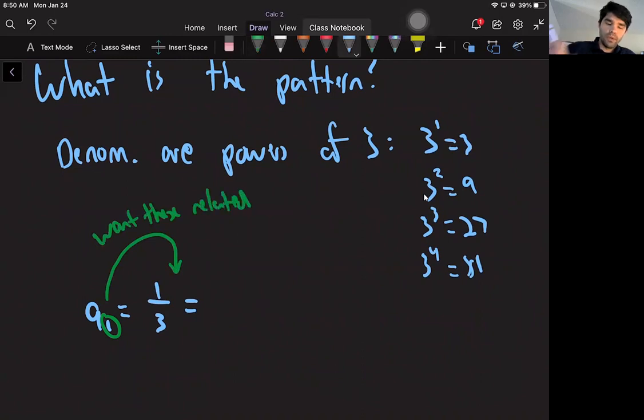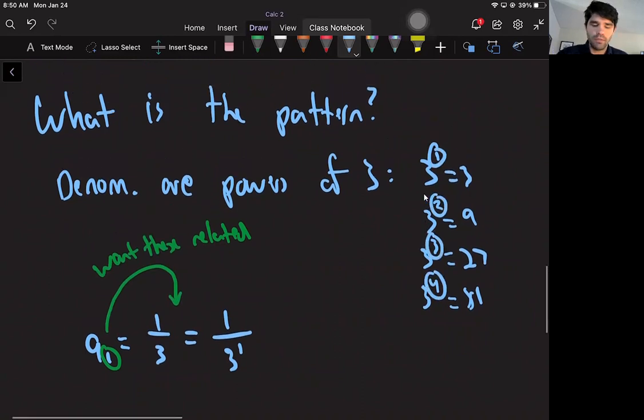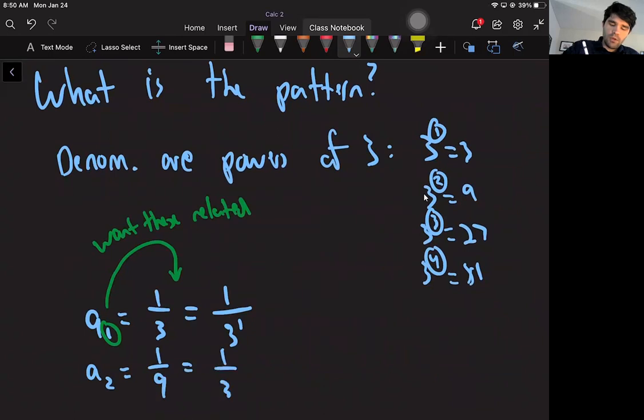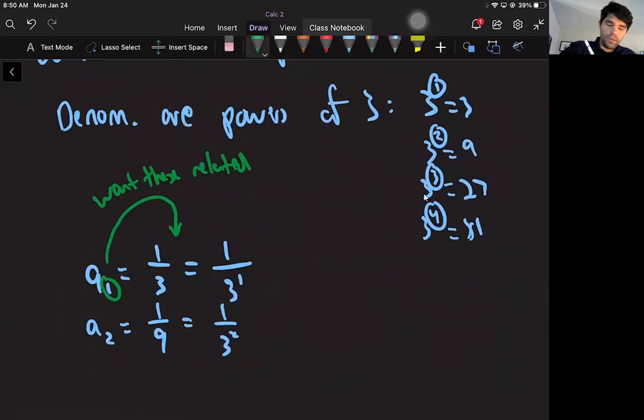So let's think about it as 1/3 to the 1, because that number there is really what's changing as you go down the pattern. So A2, for example, yes, it's 1/9, but let's think about it as 1/3 squared, because now this index is related in some obvious way to the actual term.